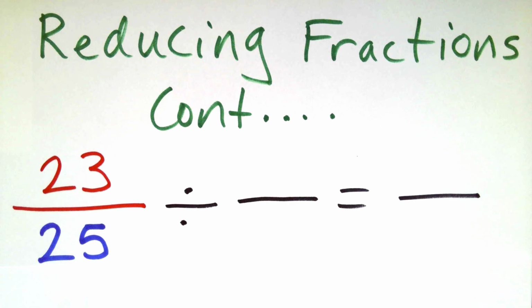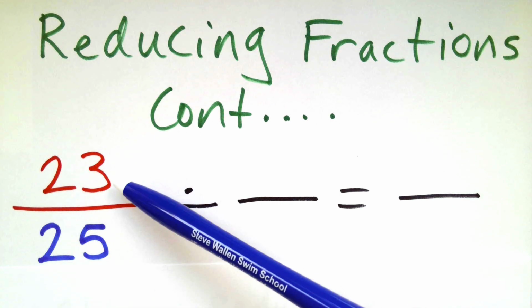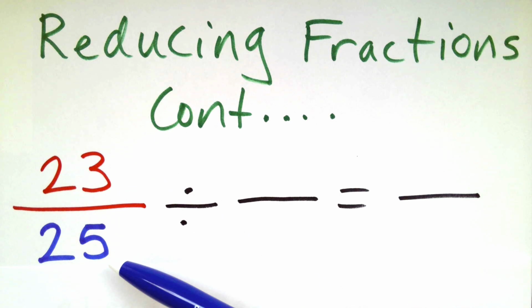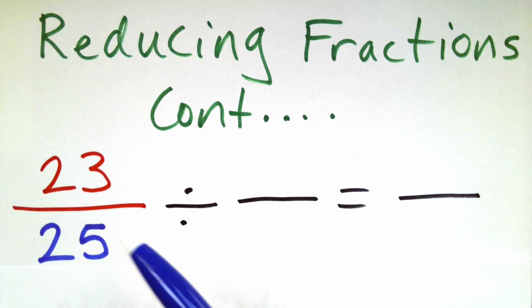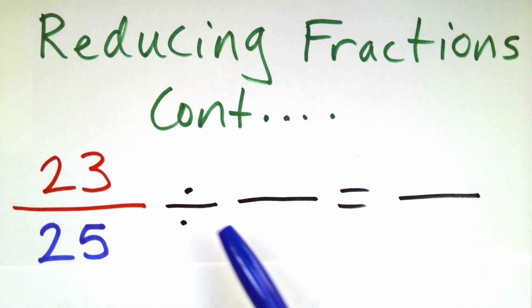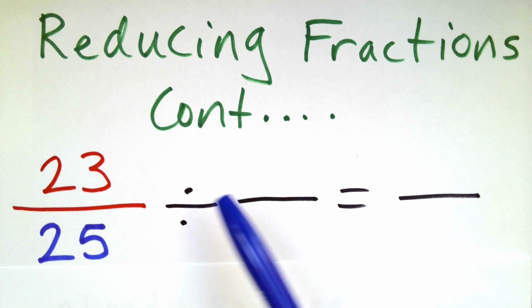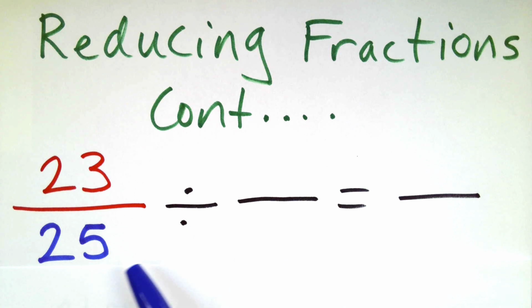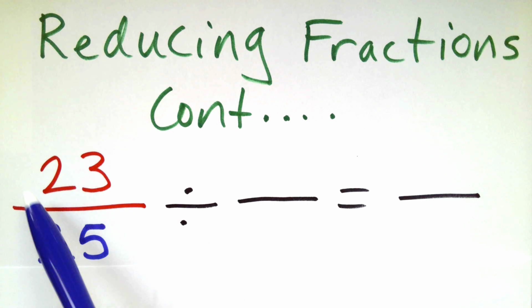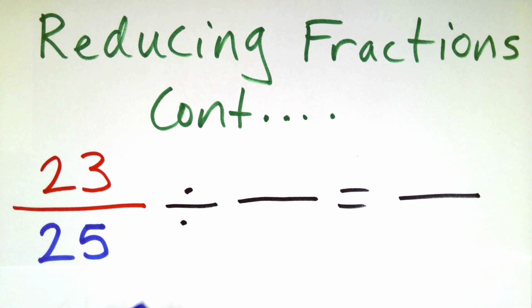We've got another fraction here, 23 25ths, or 23 over 25. What number other than 1 can be divided equally into the top and bottom without a remainder? We've got an odd number on top and an odd number on the bottom.